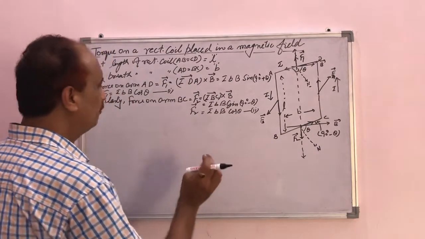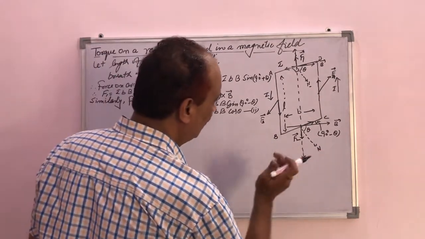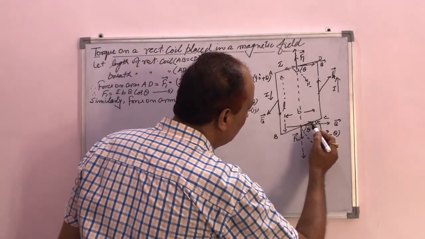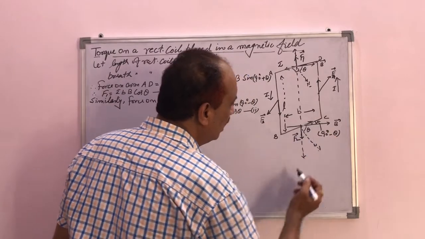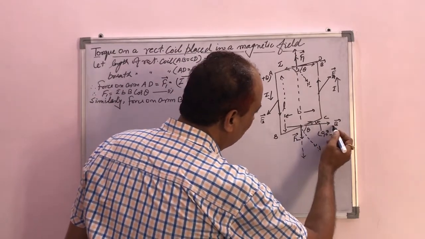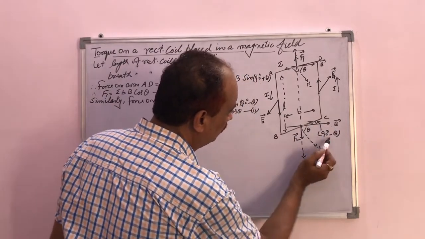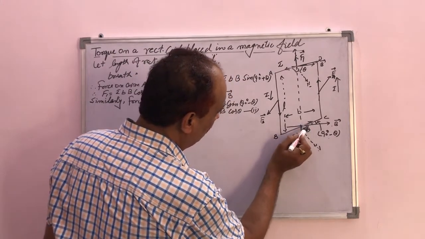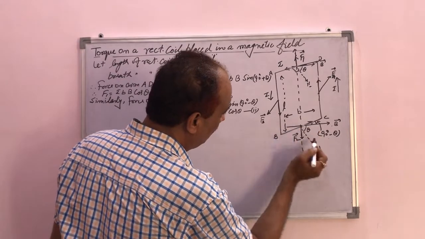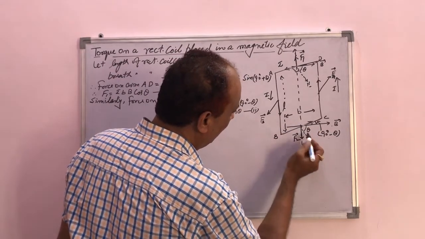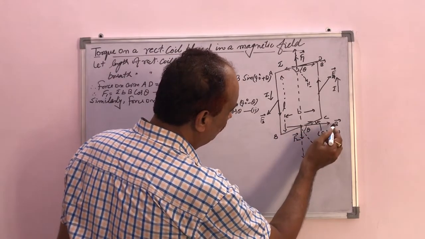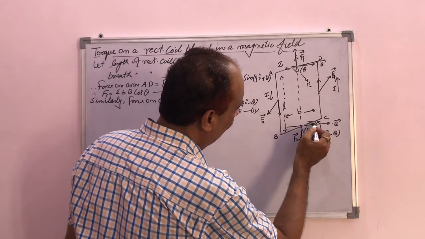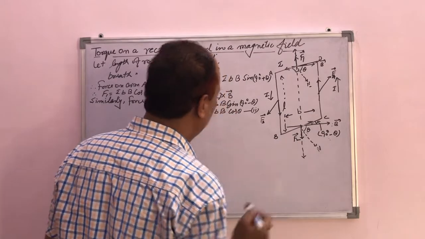Similarly, we can find the force acting on the arm BC. In the arm BC, the angle between the current element BC and the magnetic field B is 90 minus theta, since the total angle from the normal drawn on BC is 90 degrees, and the angle between B and the normal is theta. When we subtract, the remaining angle is 90 minus theta.